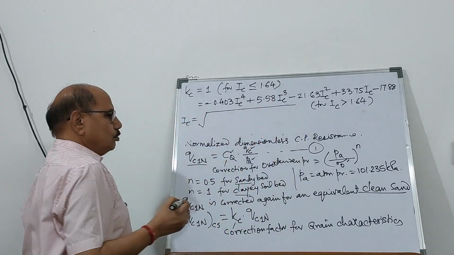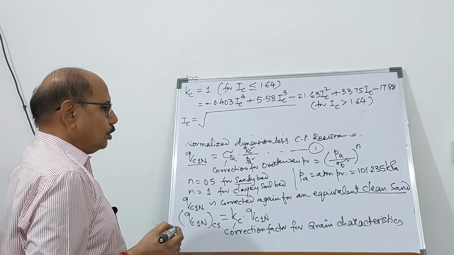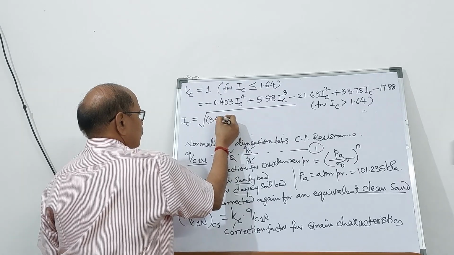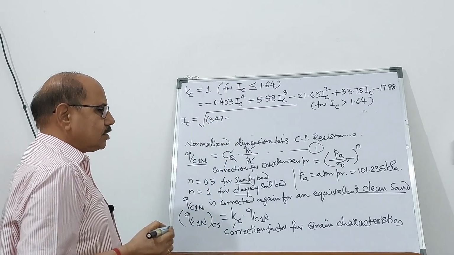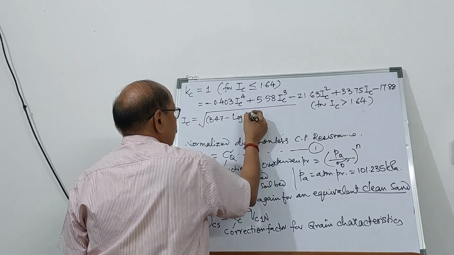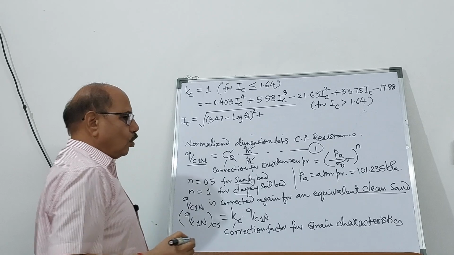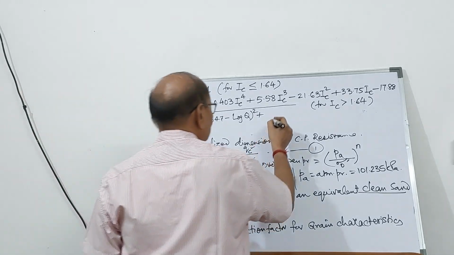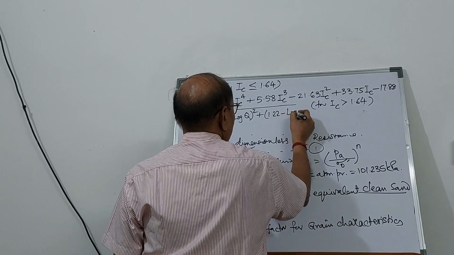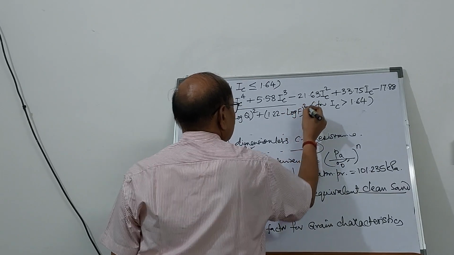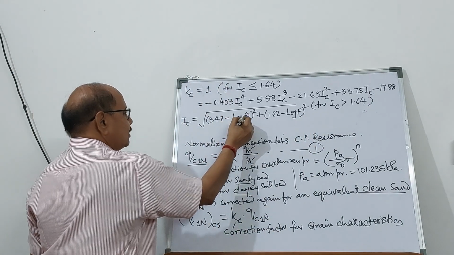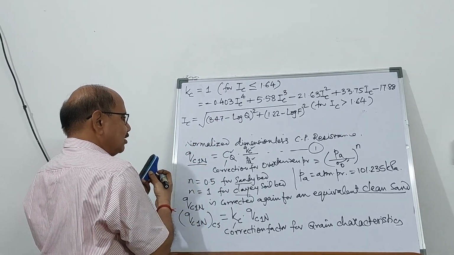This is equal to the square root of (3.47 minus log q) whole squared plus (1.22 plus log f) whole squared. Where q, what is this q? That is also a dimensionless quantity.